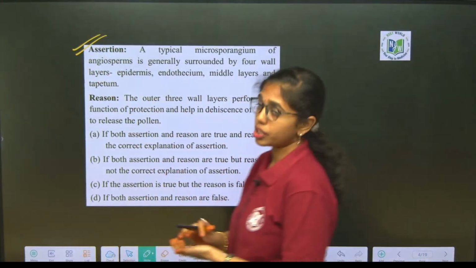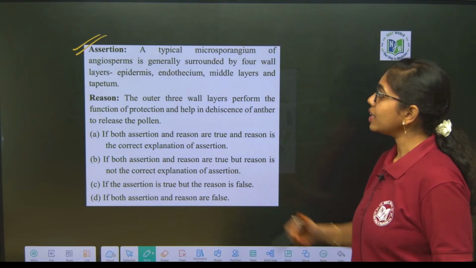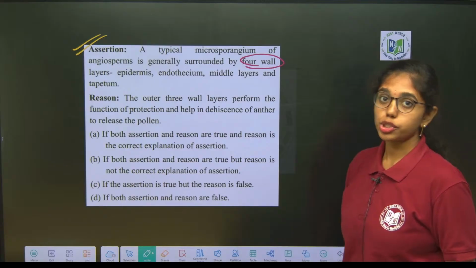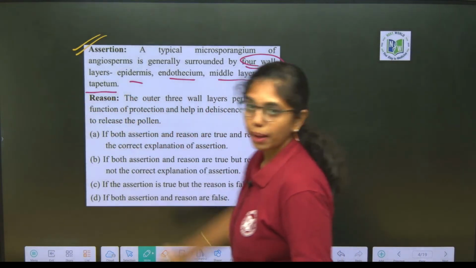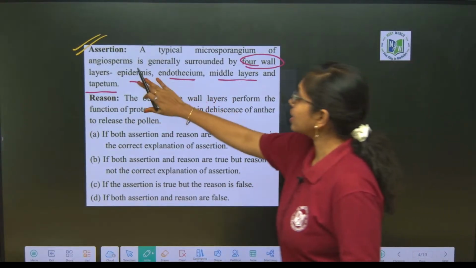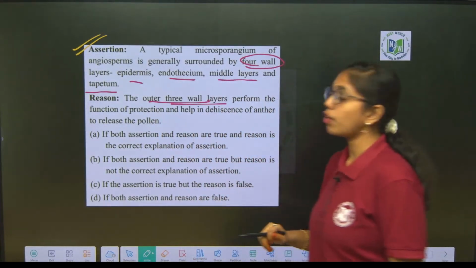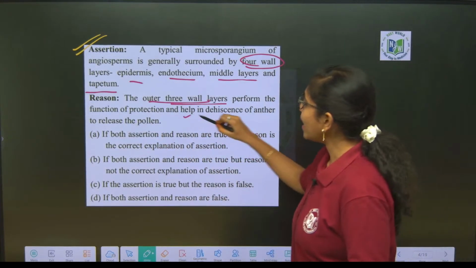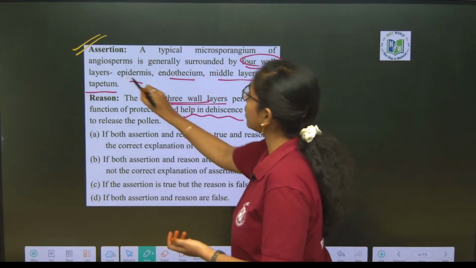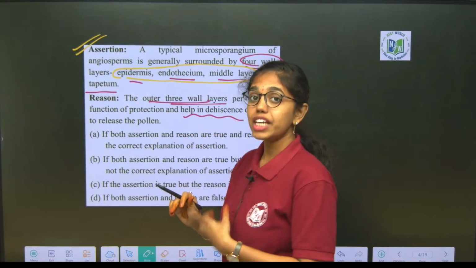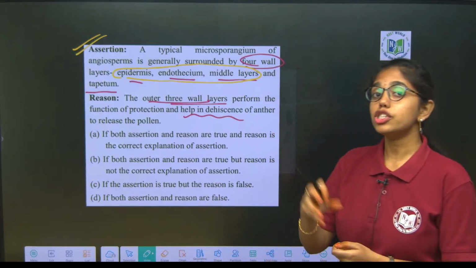In the assertion, a typical microsporangium of angiosperms is generally surrounded by 4 wall layers. What are they? Epidermis, endothecium, middle layers, and tapetum. In the reason, it is explained that the outer 3 wall layers perform the function of protection and help in the dehiscence of anther to release the pollen grains, whereas the innermost layer, that is tapetum, is nutritive in function.